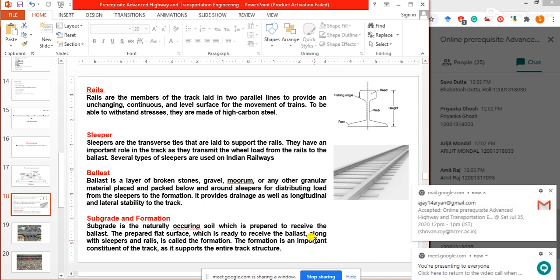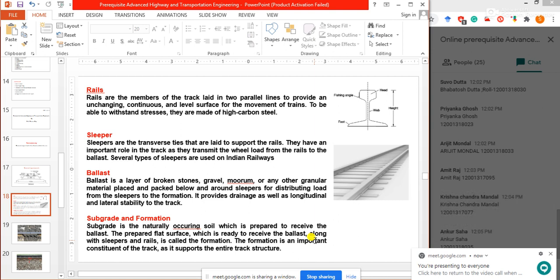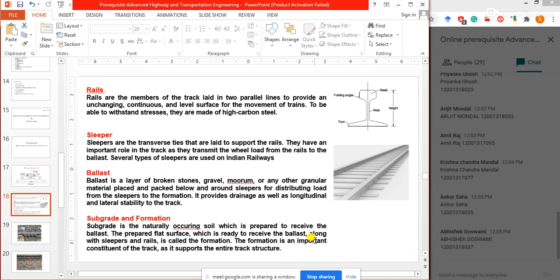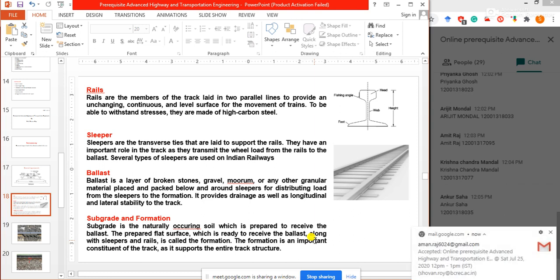Now another thing is the sleeper. Sleepers are the transverse ties that are laid to support the rails. They have an important role in the track as they transmit the wheel load from the rails to the ballast. Several types of sleepers are used on Indian railways.